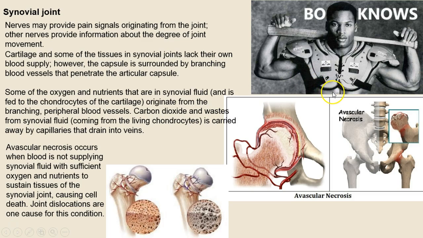This was many years ago. Fullback and a baseball star all at the same time. But he took a hit at the hip, and the blood vessels were torn. Avascular means without vessels, and necrosis means to die. So without blood vessels, it looks like osteoporosis in a sense. The tissues die, and the head of his femur just crumbled. It wasn't really a dislocation; it was an impact.